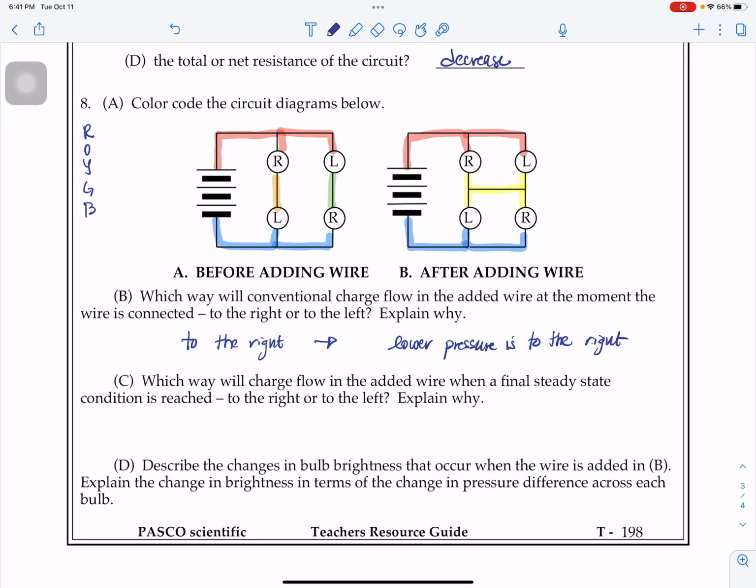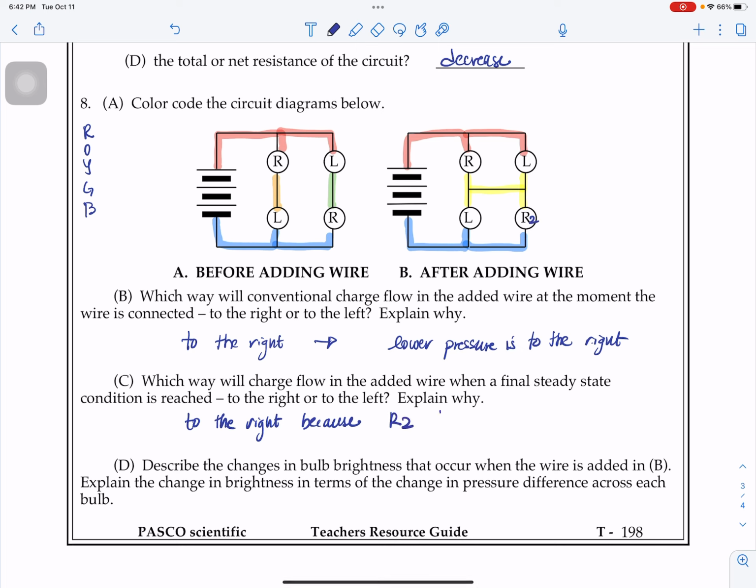Okay, which way will the charge flow in the added wire when a final steady state condition is reached, to the right or the left? And I think that it will still continue to be to the right, because I'm going to call this round bulb 2.